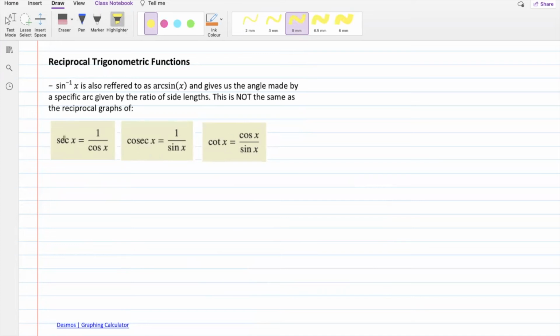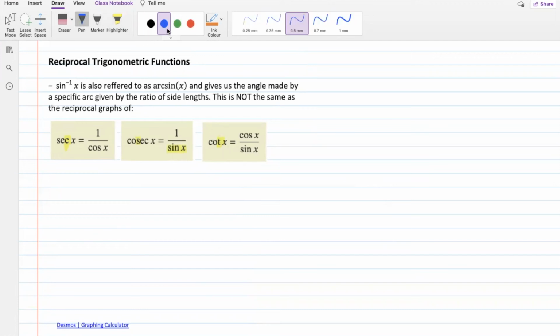There is a little trick here. If I look at my third letter for each of these functions, that tells me which function it is the reciprocal of. My third letter for sec is C, so it's 1 over cos. For cosec, my third letter is S, S for sine. And cot ends in a T, T for tan.